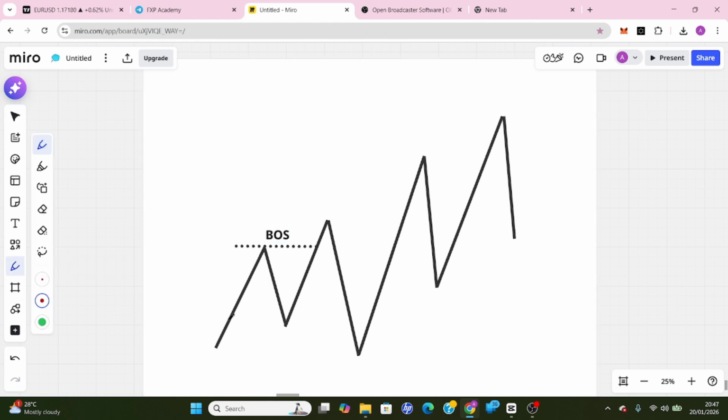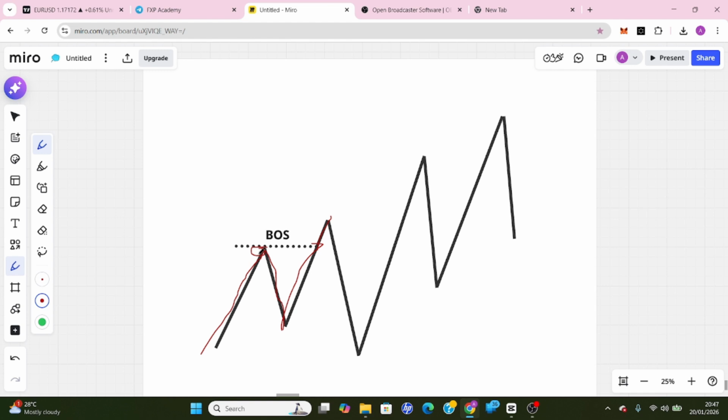Why is it break of structure? It is break of structure because of this previous swing high to the upside, which we call the higher highs. You understand? When the price returns to this place again, instead of respecting the previous supply level or resistance as the case may be, the price pierced through the previous highs.